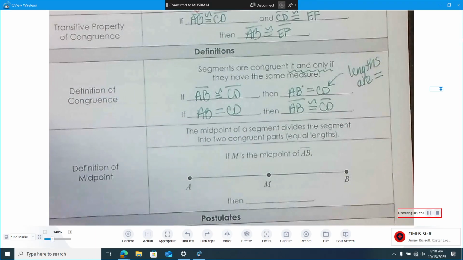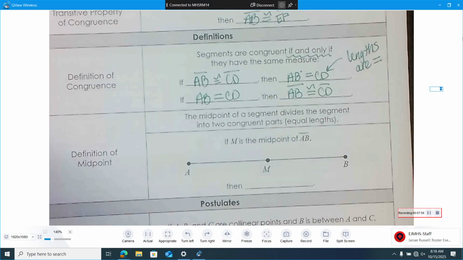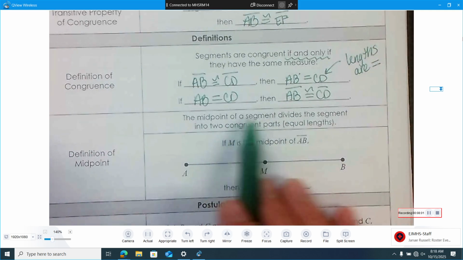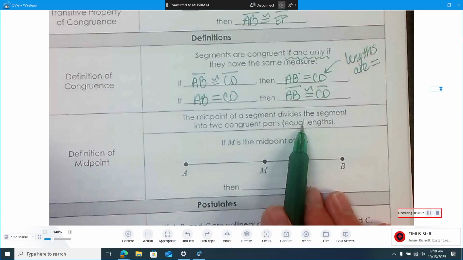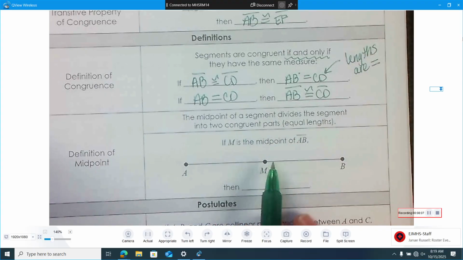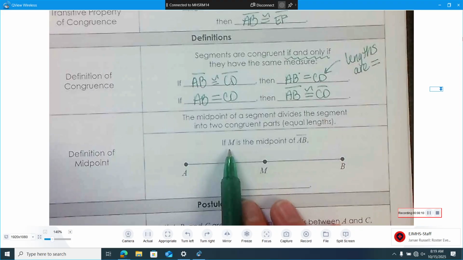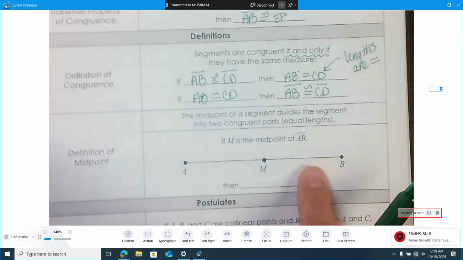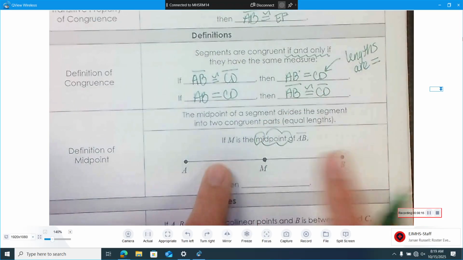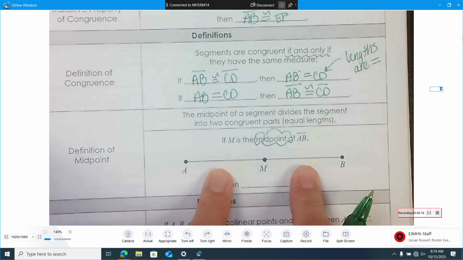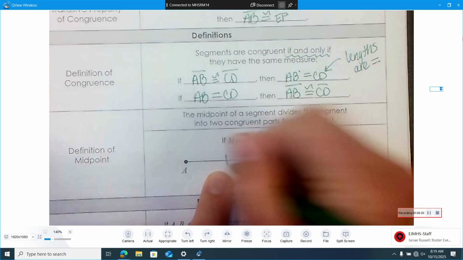All right. We also have the midpoint definition. The midpoint of a segment divides a segment into two congruent parts, or two equal lengths. So if M is the midpoint, what should I mark on my picture? AM is congruent to MB.